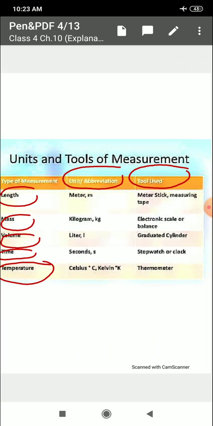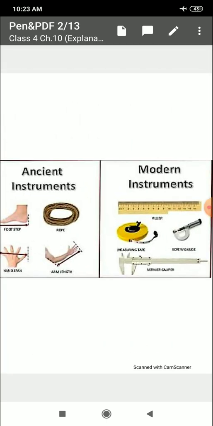I'll show you here the ancient instruments and the modern instruments. You can see very carefully. The ancient instruments include footstep, or foot span, rope, hand span, and arm length, which we call cubit. These are the ancient instruments to measure length, but they were non-standard.